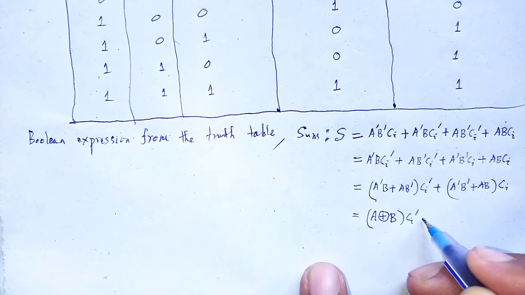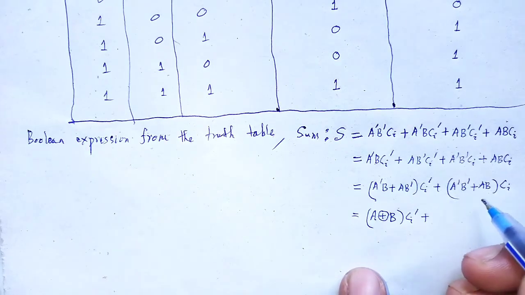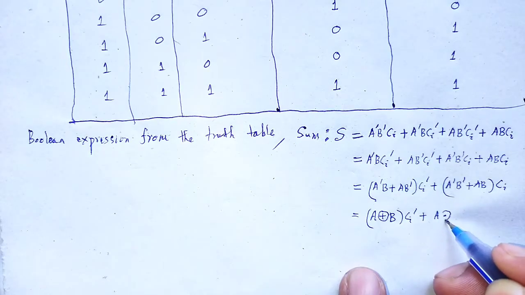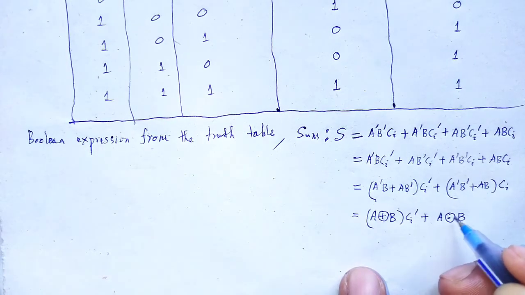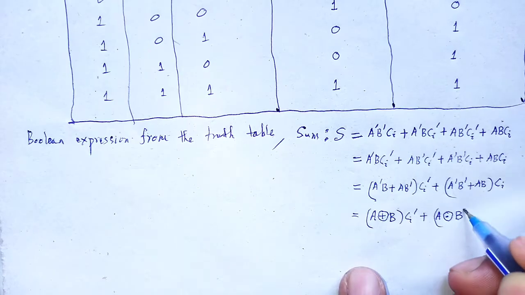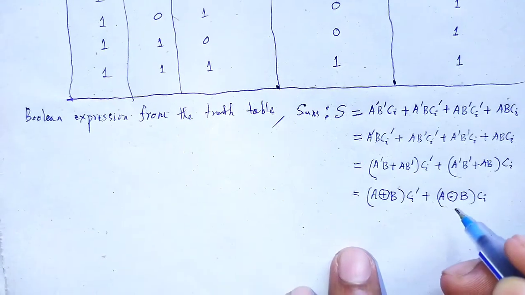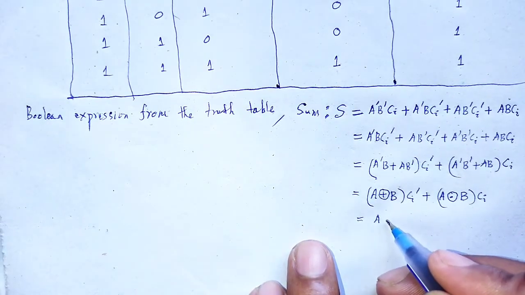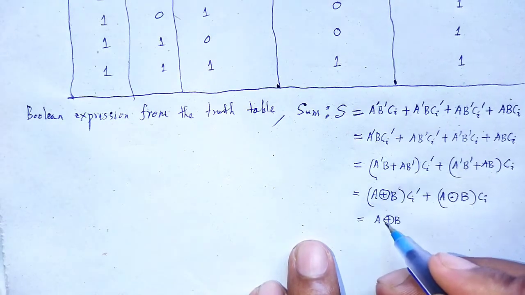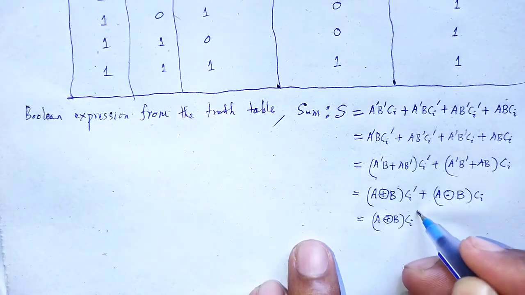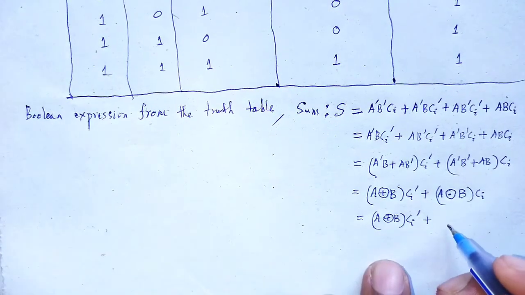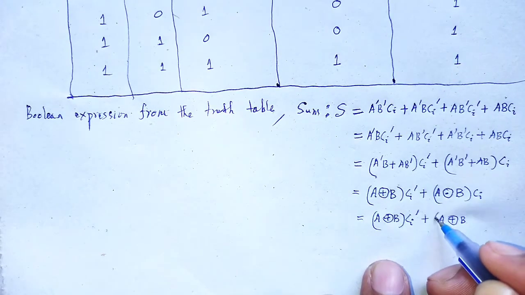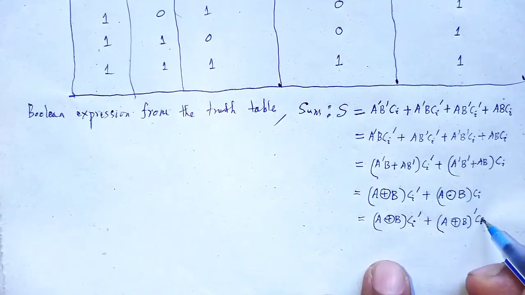Plus A prime B prime plus AB, that is A XNOR B, into Ci. XNOR is the prime of XOR, so A XOR B into Ci prime plus the prime of A XOR B into Ci.